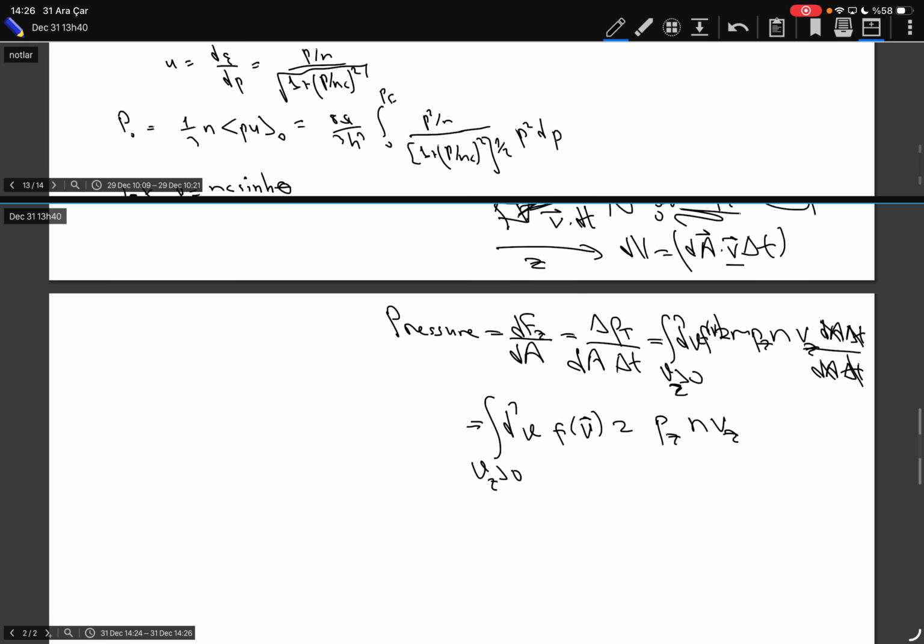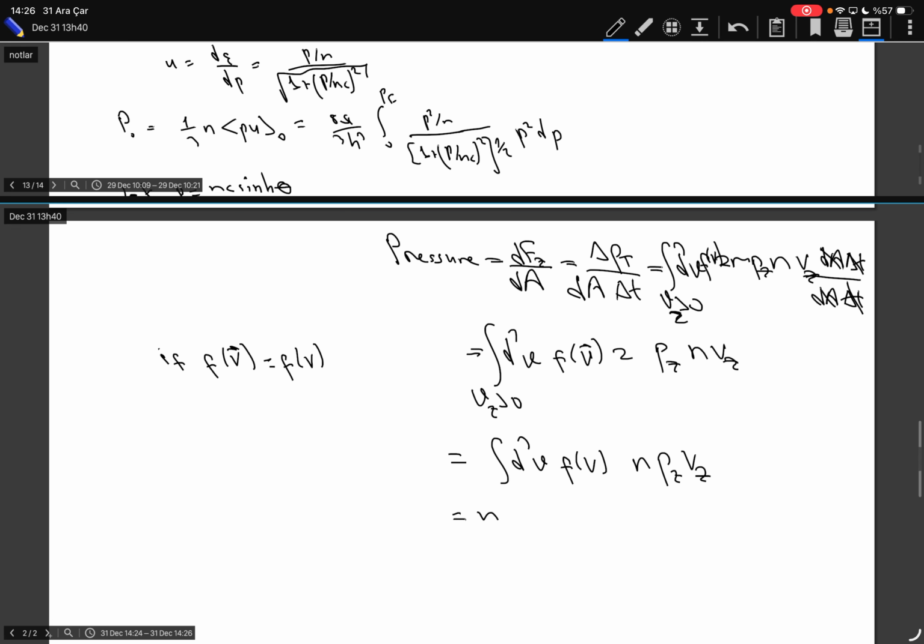Now, if f of v depends only on the speed, not the direction, this integral is symmetric under Vz going to minus Vz. So the same integral is the integral over all V, f of v, n Pz Vz.